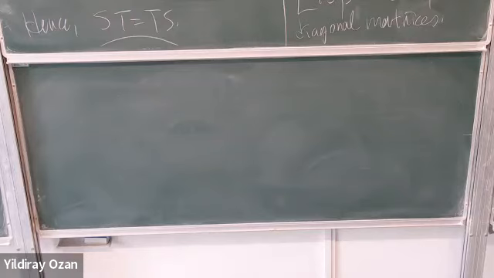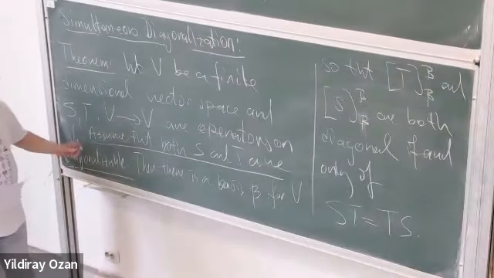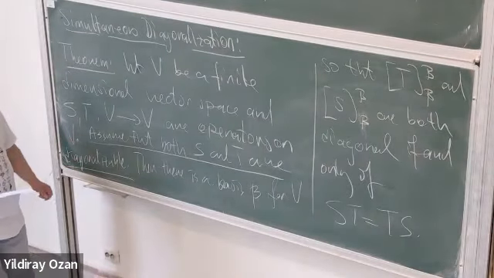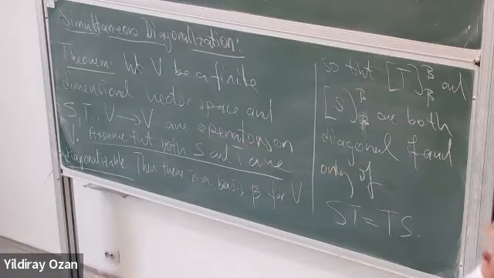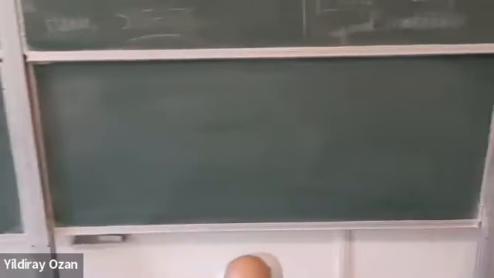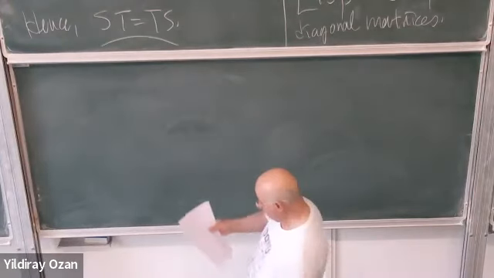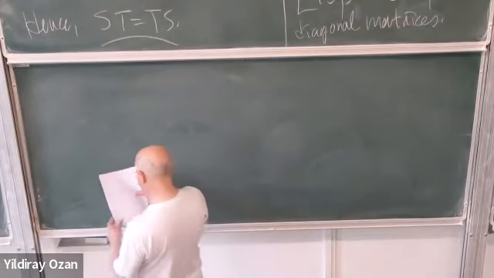That's the starting assumption. Therefore, T is diagonalizable in particular. So let's choose a basis.